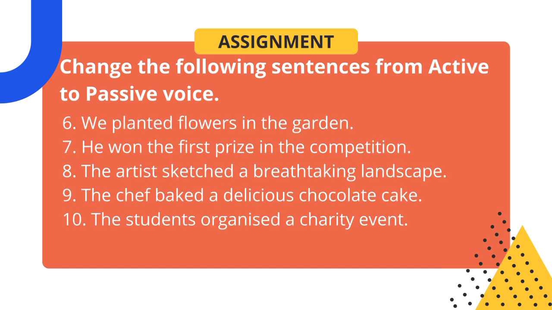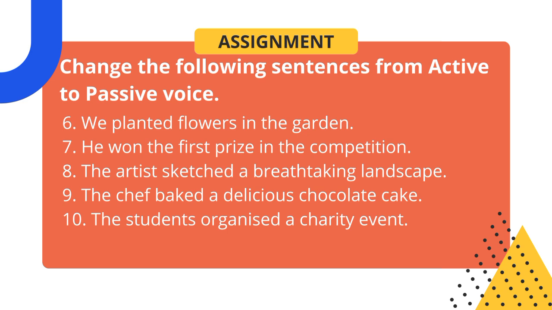Number 6, we planted flowers in the garden. Number 7, he won the first prize in the competition. Number 8, the artist sketched a breathtaking landscape. Number 9, the chef baked a delicious chocolate cake.